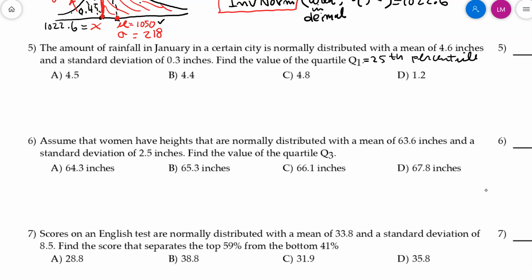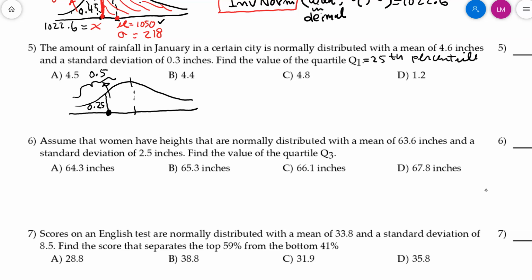25th percentile. So if you draw a picture here again, 25%. Everything is 0.5, so 25% is like half. So this is 0.25, and everything is 0.5. Don't get me wrong.